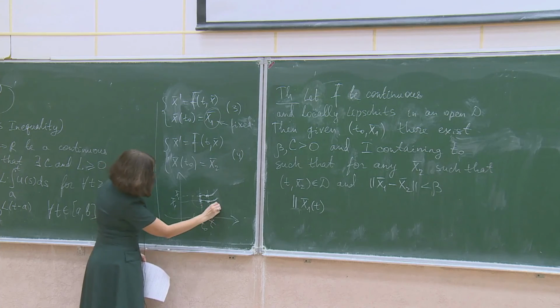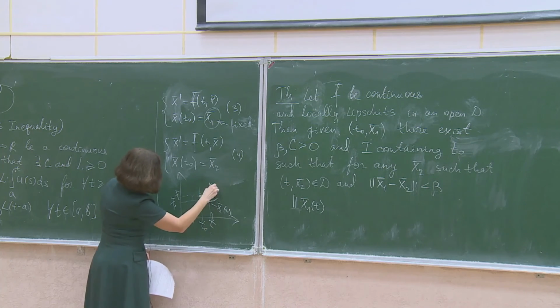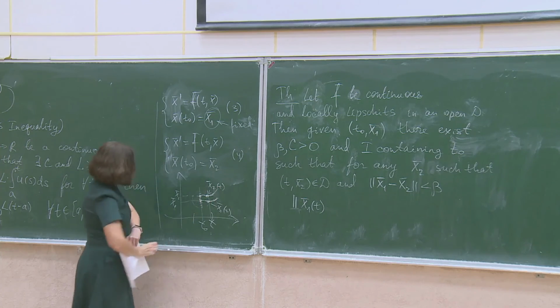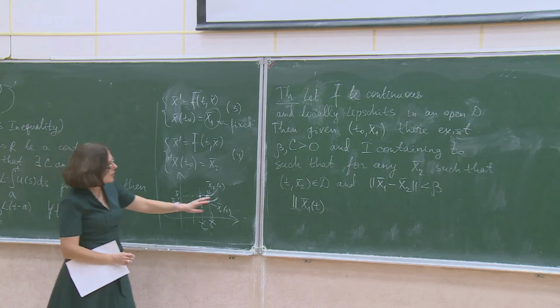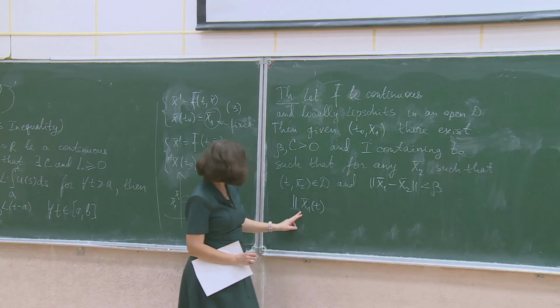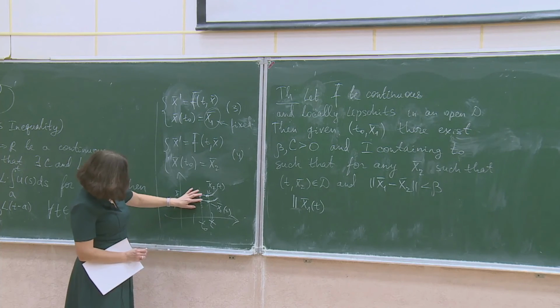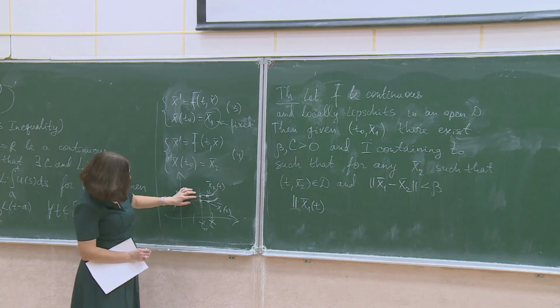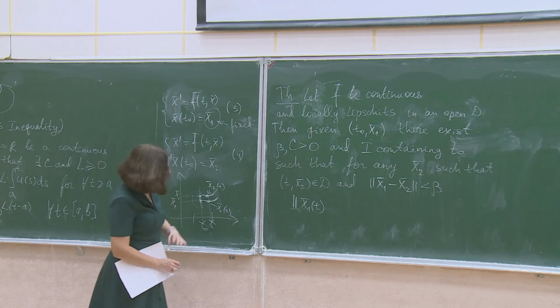So this will be x1 of t, and this is x2 of t. So you should catch the difference between x1 and x2 at t0, and x1 of t, x2 of t. So if we take x2 sufficiently close to x1, these solutions would also be sufficiently close.